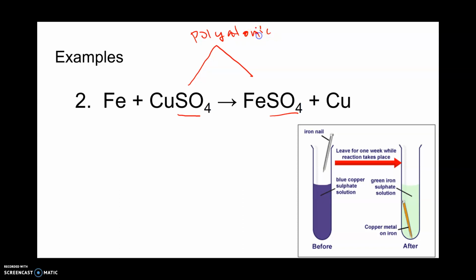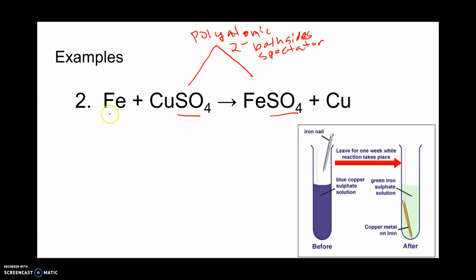Sulfate, in this case, is 2- on both sides, and that means it's considered a spectator in this reaction. It's not changing. And that's typical of these polyatomic ions in a lot of reactions, especially these single replacement reactions. It's the same thing, it's not actually being changed.